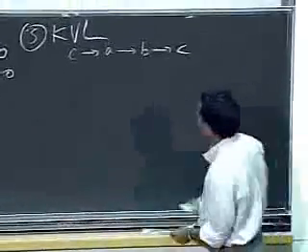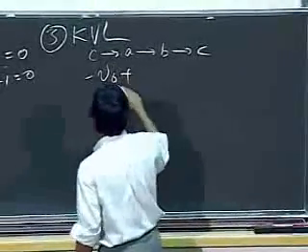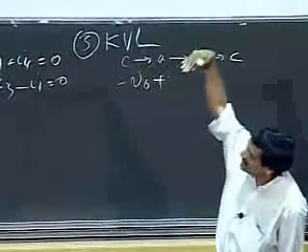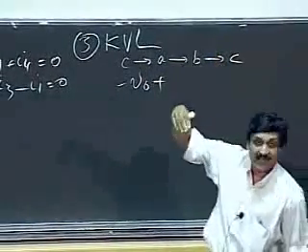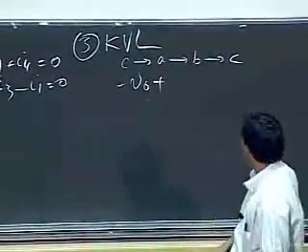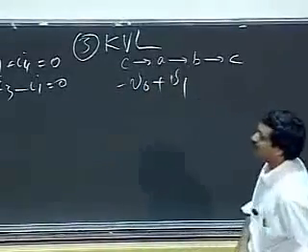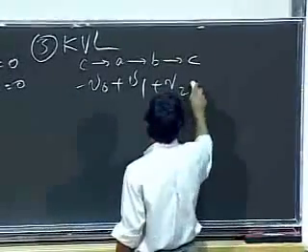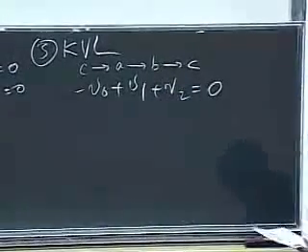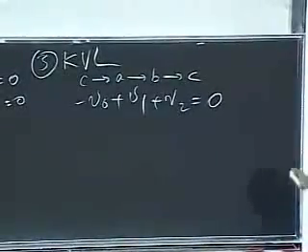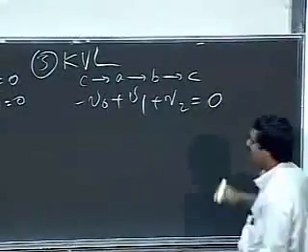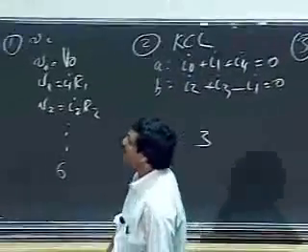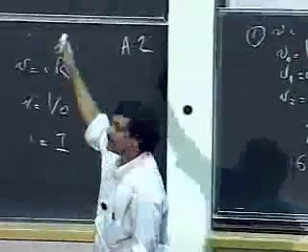So I'm just going to write down minus V0 plus. Then as I come up to A and go down to B, I punch into the plus sign of the V1. So that's plus V1. Then I punch into the plus sign of the V2, and so I get plus V2, and that is 0. Good. So that matches what you have in your notes as well. So this is the first equation. Similarly, I can go through my other loops and write down the equations for each of the loops.